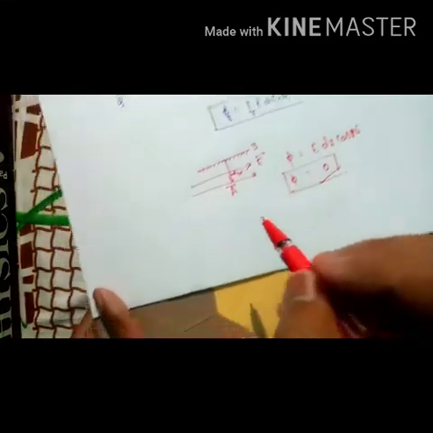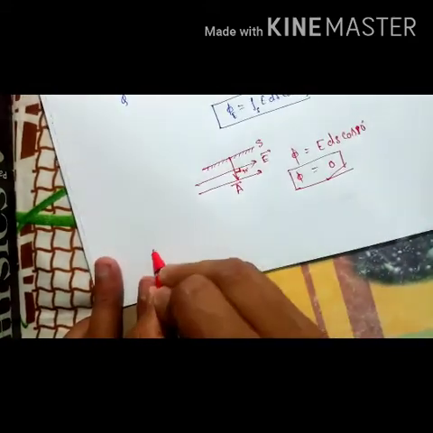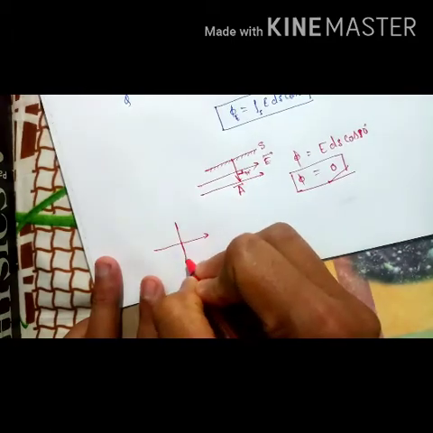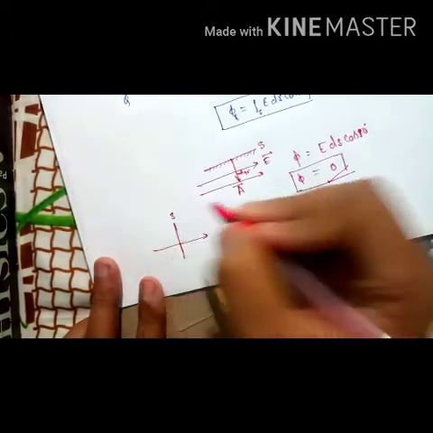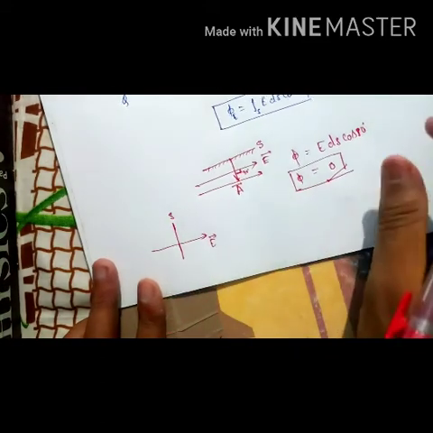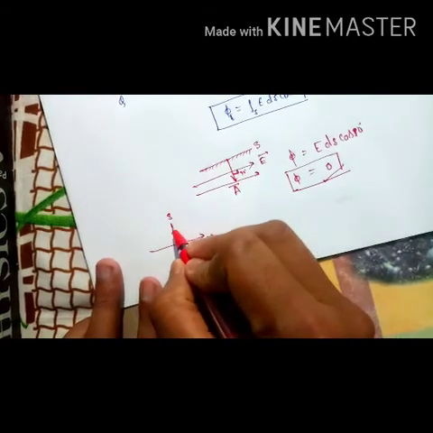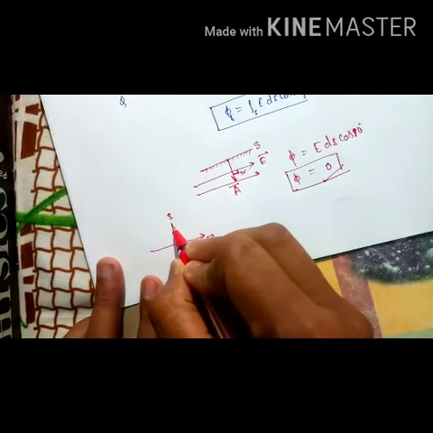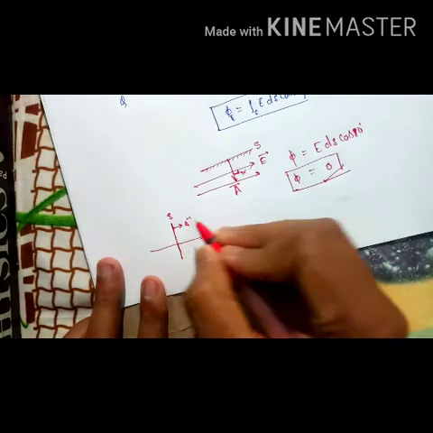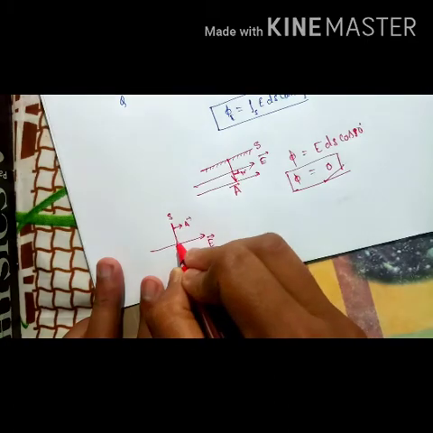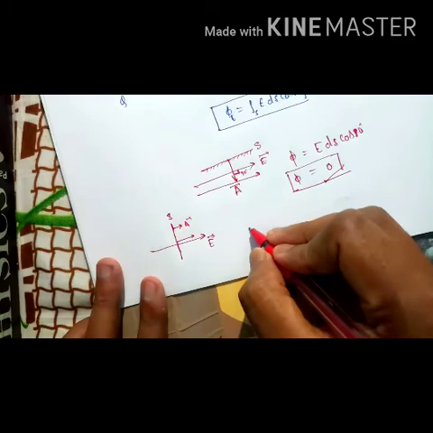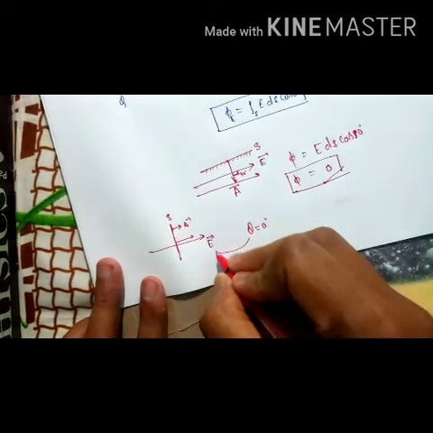But if we have another condition, where the electric field is in this direction and this is the surface, and we know the area vector is radially outward, normal to the surface. This is the area vector. So here the angle between E and A is theta equal to 0 in this condition.